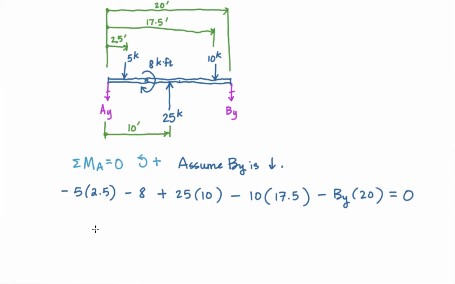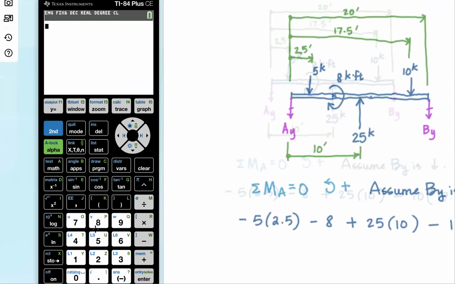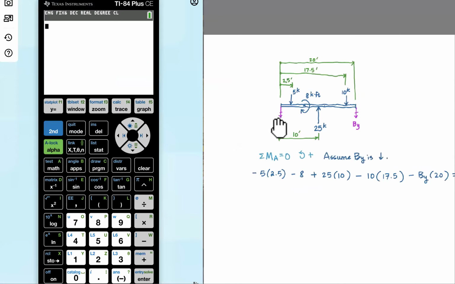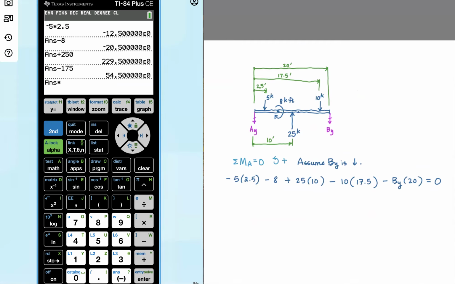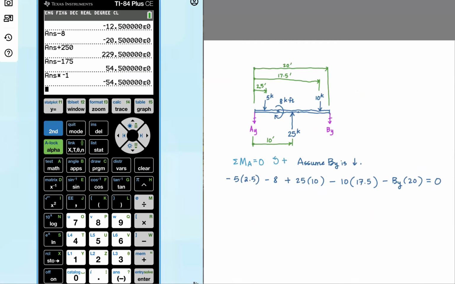Okay, and I'll go ahead and just run this through my calculator. Negative 5 times 2.5 minus 8 plus 250 minus 175 times negative 1 to move it to the right side of the equals, divided by negative 20 to isolate B sub y, and I get 2.725.